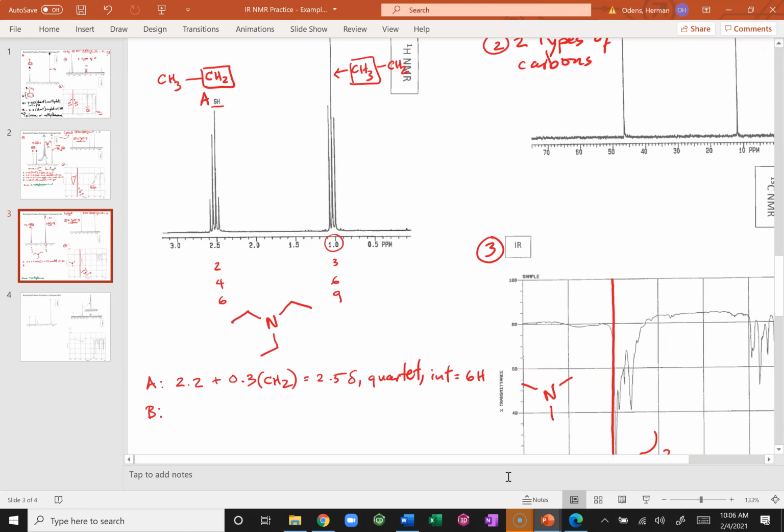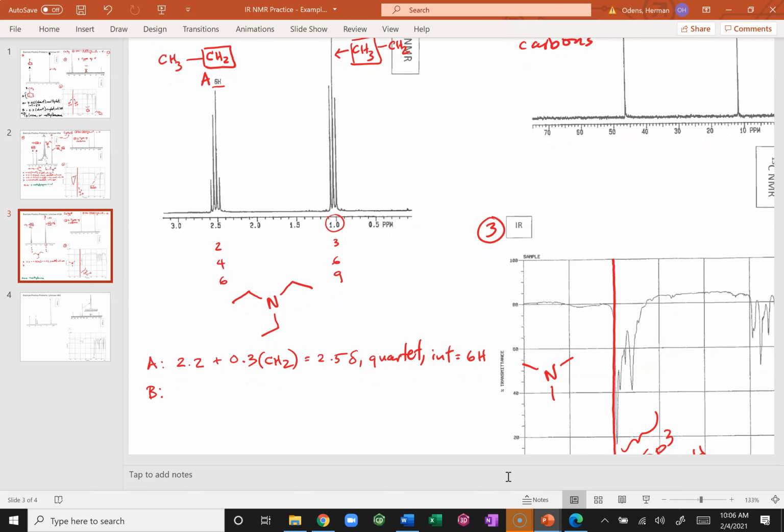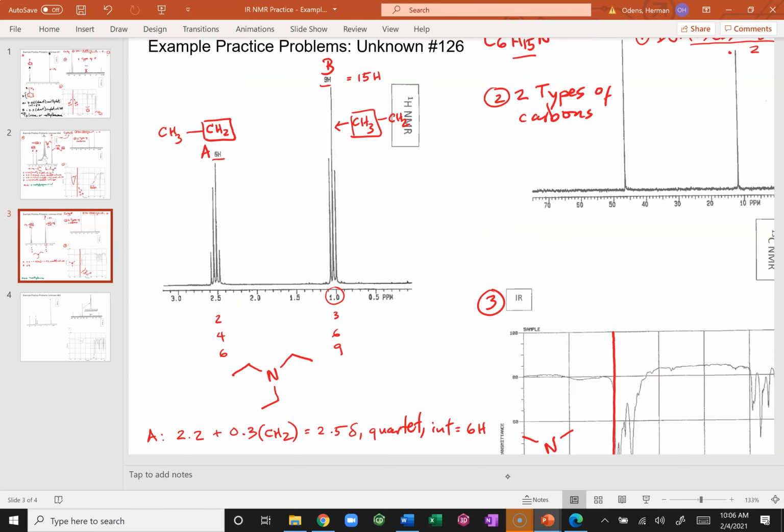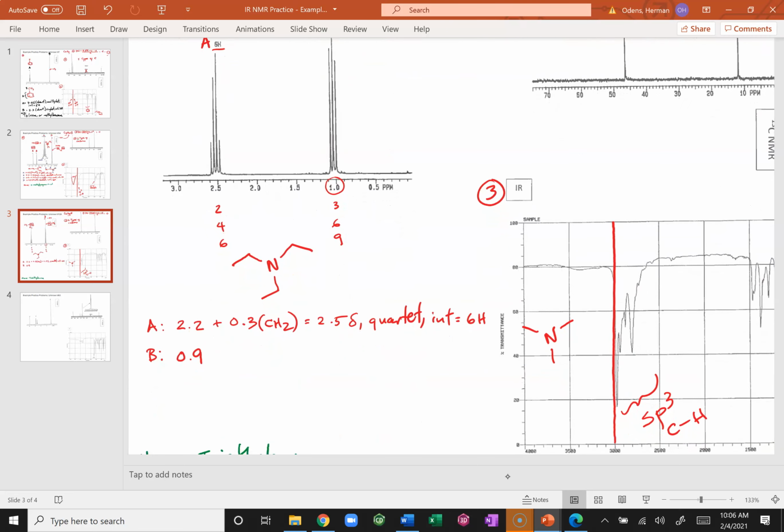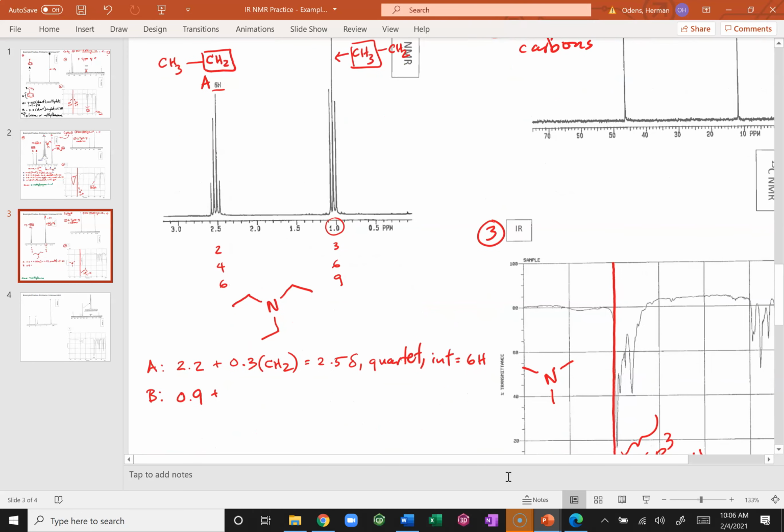All right. Let's do B now. B is what? Starts at 0.9, right? Because it's a CH3 attached to a carbon. I've seen it right there. So 0.9. Do we have a beta group? Yes. Here's the signal, alpha, beta. We find something different than a hydrogen on an sp3 carbon, so that is a beta group. That's going to be pulling the signal downfield.